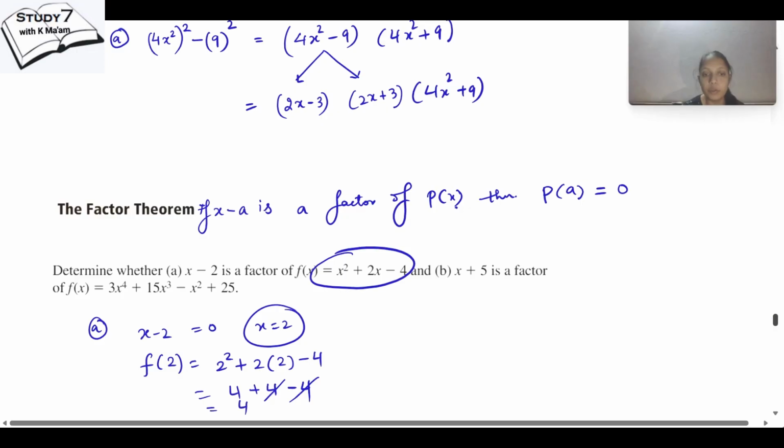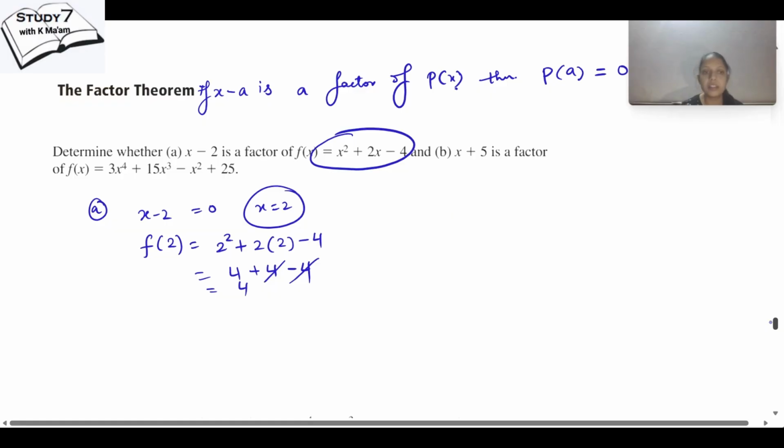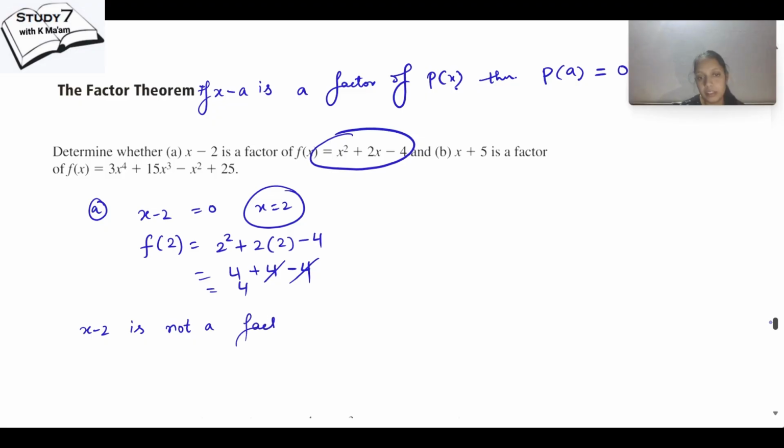Only 4 is left. Because you are left with something, it's not 0. So x minus 2 is not a factor of x square plus 2x minus 4.